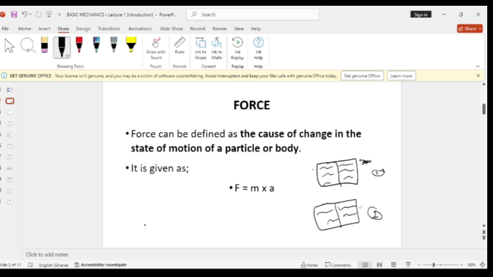When we move from one place to another, that movement is only possible because we have applied force. So anything at all that is able to cause an object to change its position from one state to another, we can say that particular thing is a force.